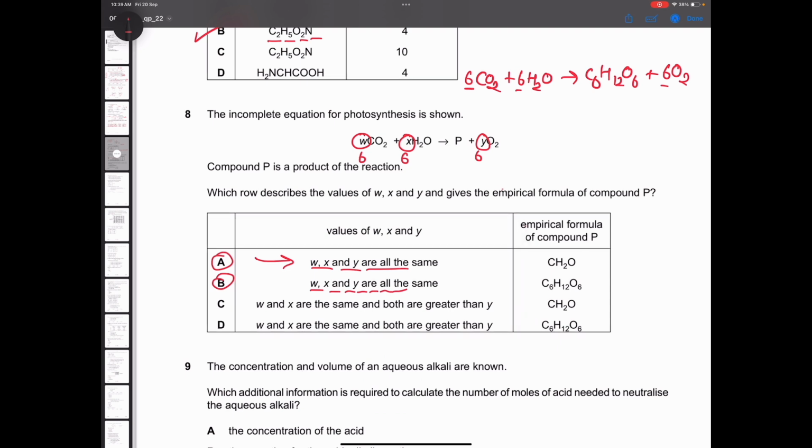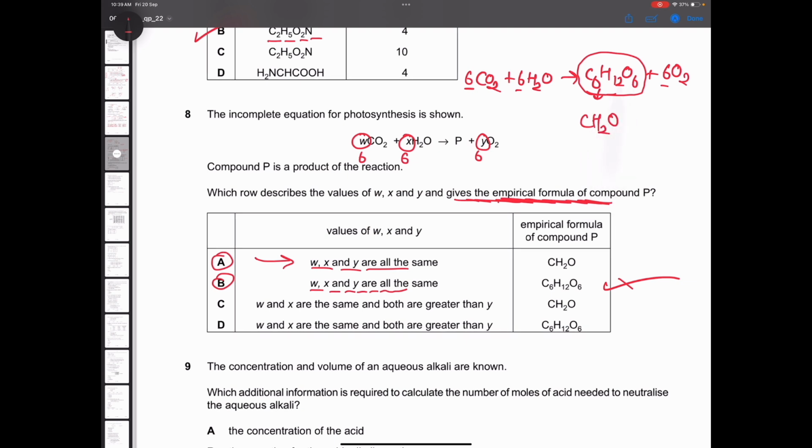So now they're asking what gives the empirical formula of the compound. Now this is where a lot of students will end up making mistakes. They will say that, oh, I know the formula. This is C6H12O6. So I'll directly pick option B, which will be incorrect because they're asking empirical formula, the simplest formula. So it will be CH2O.